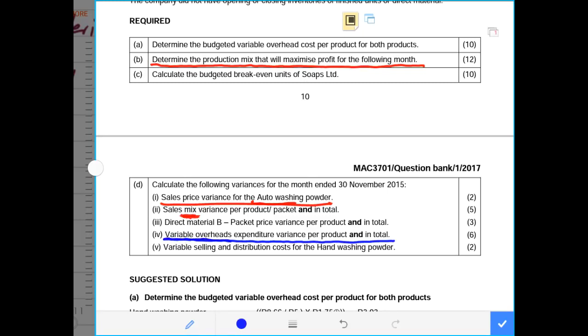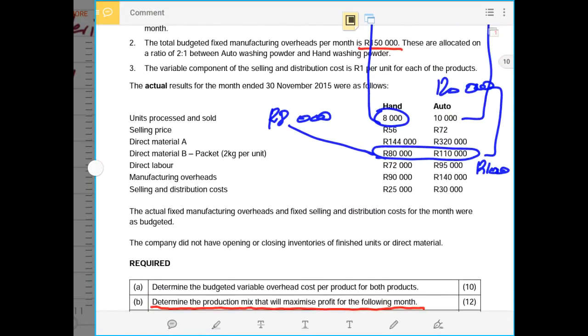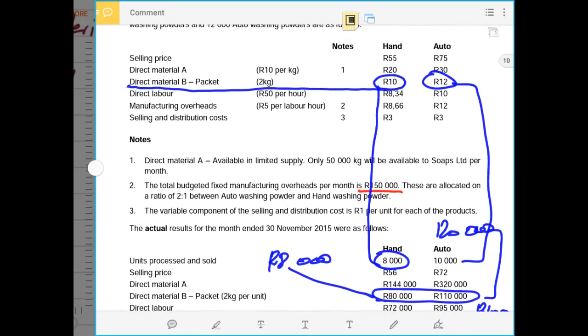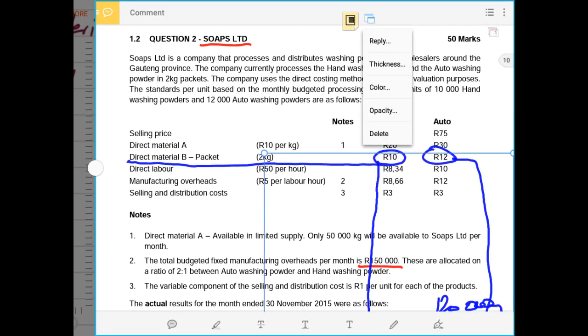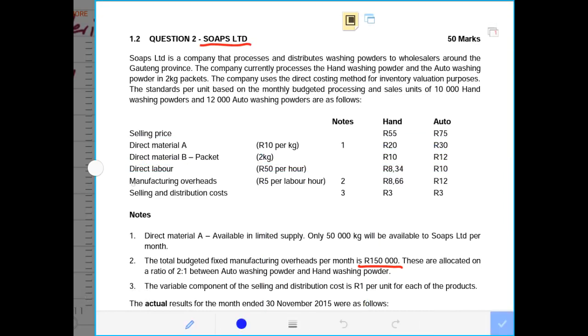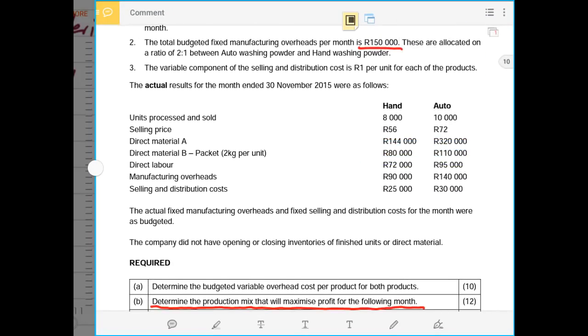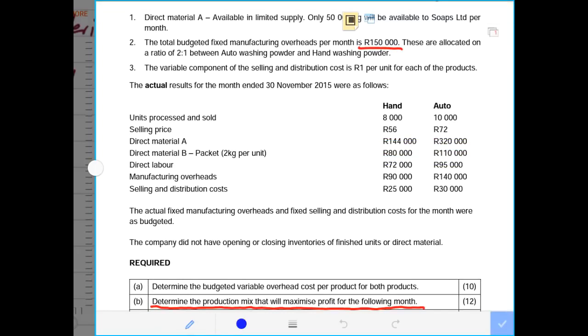Then we have our variable overhead, and we need to check how much our standard variable overhead cost per unit is. We calculated that as 3 rand 3 cents. Remember, this was the combination of fixed and variable, and we calculated 3 rand 3 cents here and 4 rand 20 cents here. So let us check how we can calculate the cost per hour.